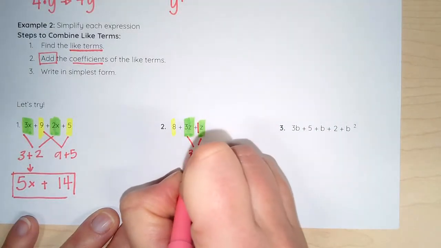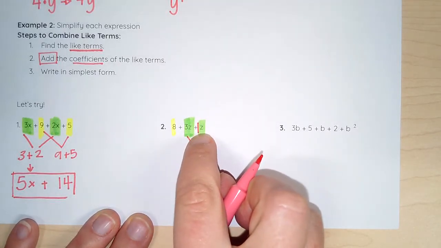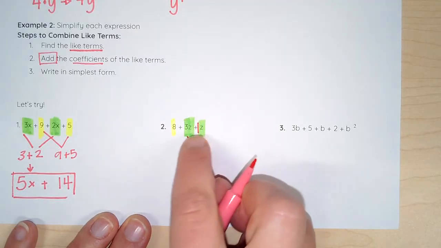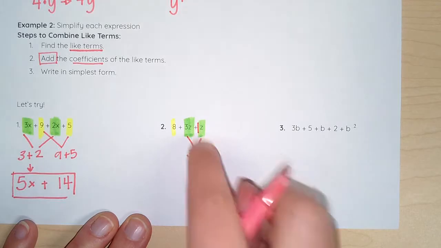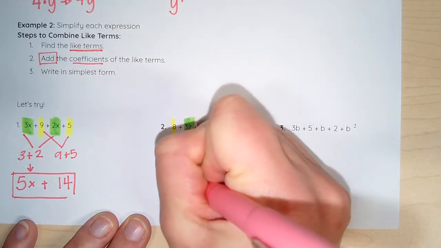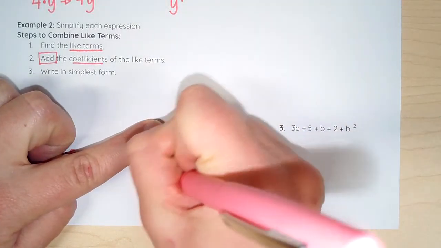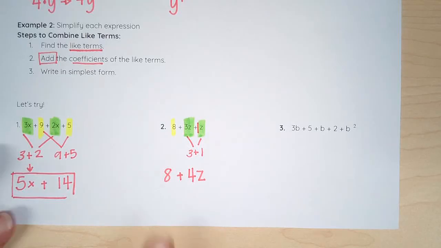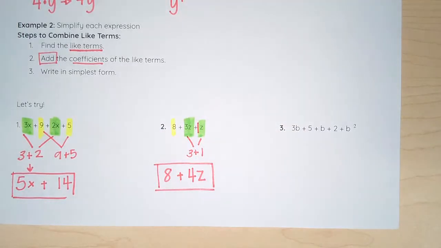So I'm going to add the coefficients 3 plus 1. This 1 is forgotten about often. This has 3 z's. This has 1 z. So we need to include that. 3z plus 1z is 4z, and that 8 has nothing to combine with, so we just bring it down. 8 as a constant and 4z do not have anything in common, so they are simplified as low as we can go.